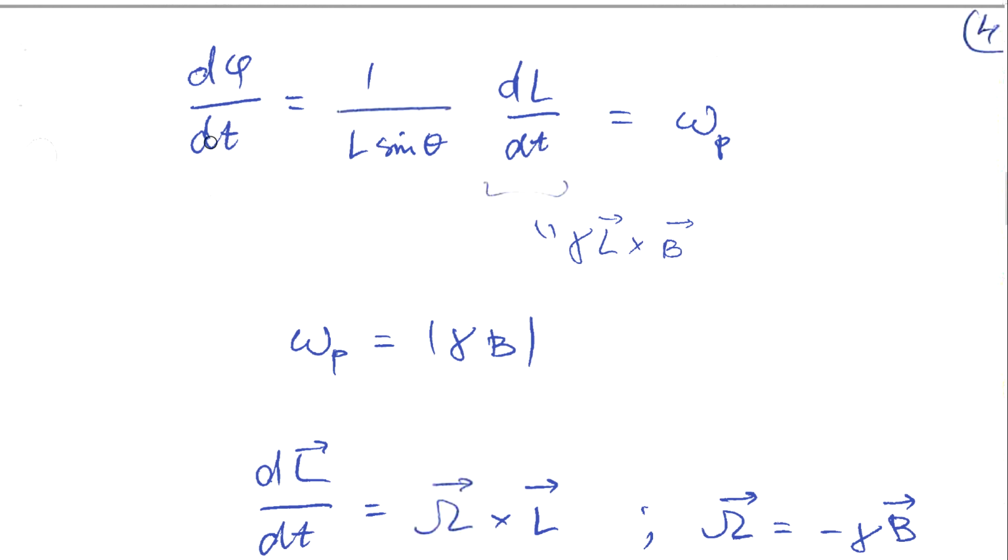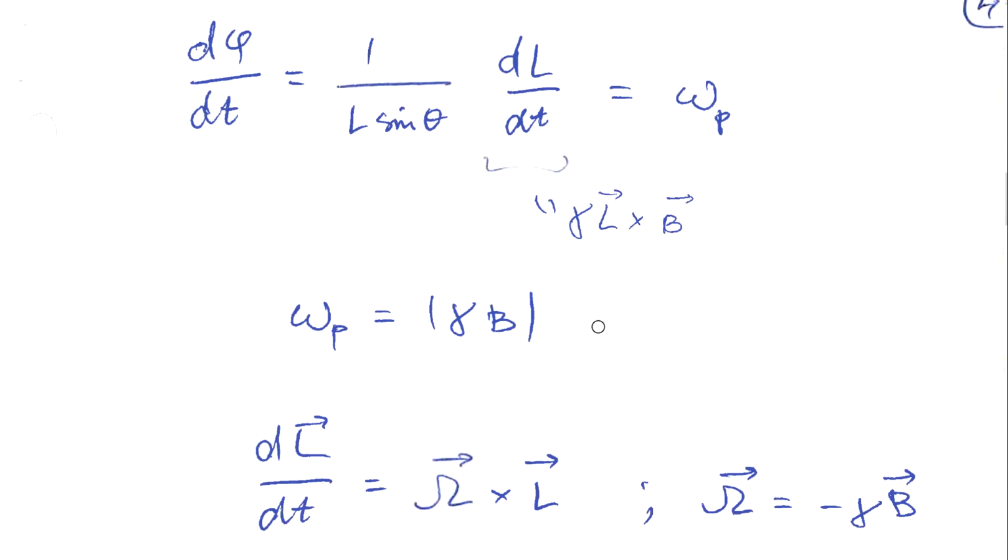So d phi/dt is equal to 1 over L sine theta times dL/dt, which is our precession frequency. Now this term dL/dt, as we found previously, two pages ago, is equal to gamma L cross B. This can be substituted here, and you will find the precession frequency. The precession frequency then is gamma B in absolute value.